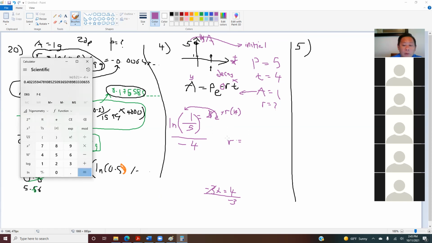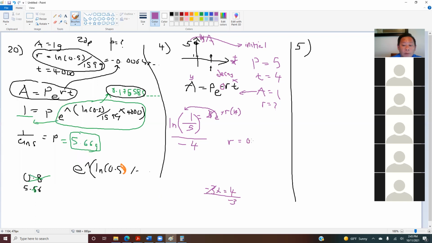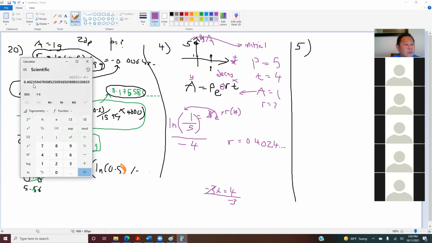It's 0.4023 something. You get this? 0.40235 like that. And the R is positive here because we divided by the negative. So the answer, you just need to change it.